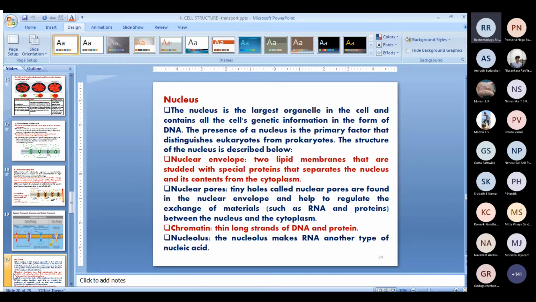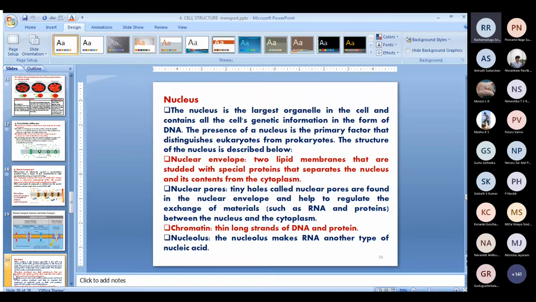Because you have now come to that stage, start thinking and analyzing in that way, and then you can make it slightly interesting. I can teach the nucleus for 2 to 3 hours also, that much is there under nucleus.